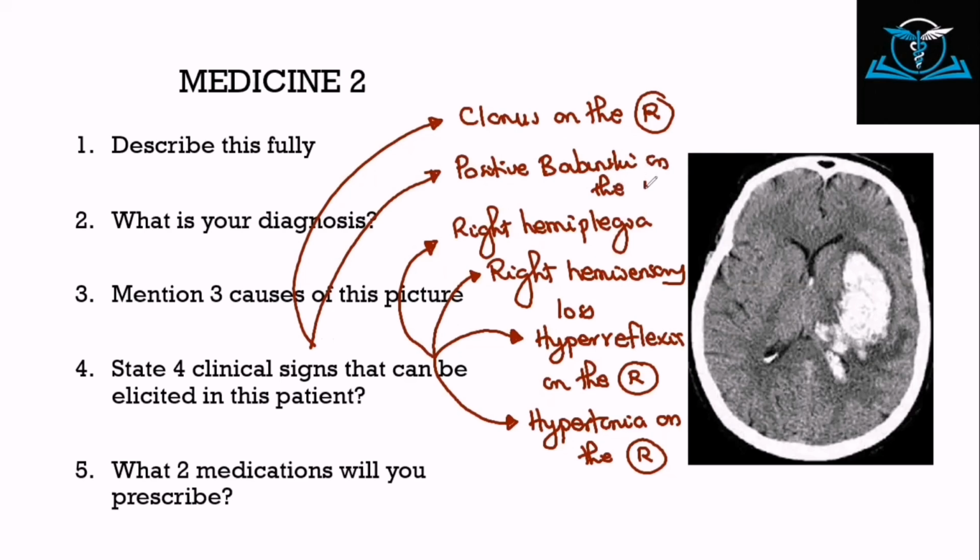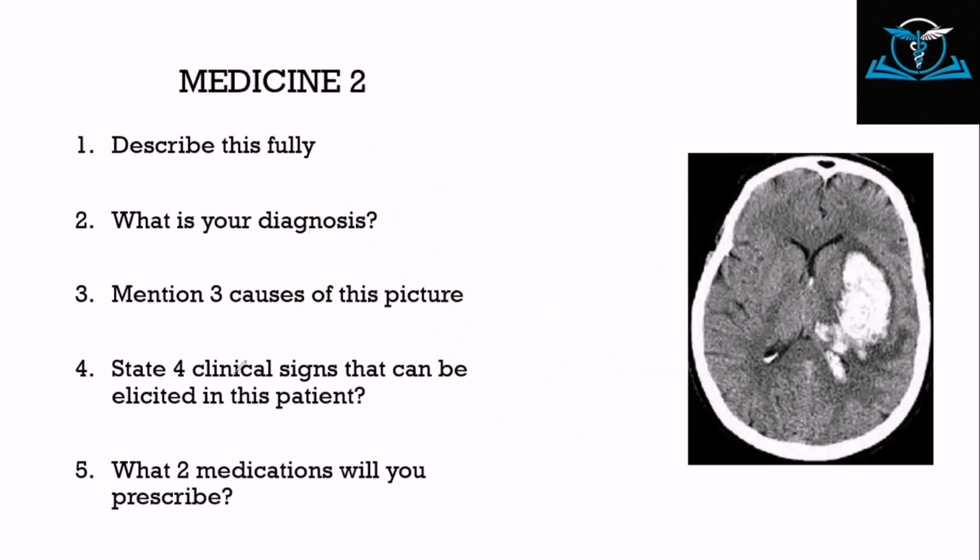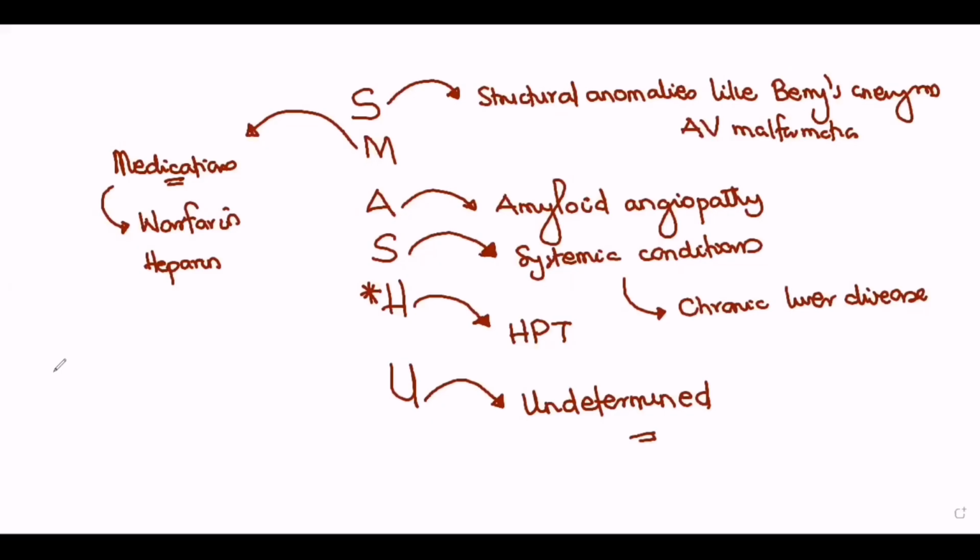So this question was testing your knowledge of stroke and the signs you would elicit, okay? And the signs, because it has affected the brain, is most likely going to be an upper motor neuron lesion, okay? So the upper motor neuron lesions, you are going to have, one, everything is high.